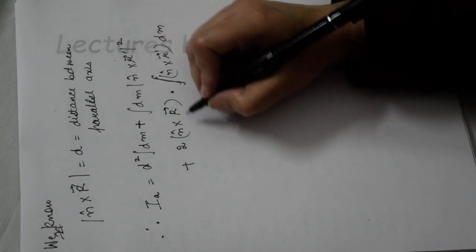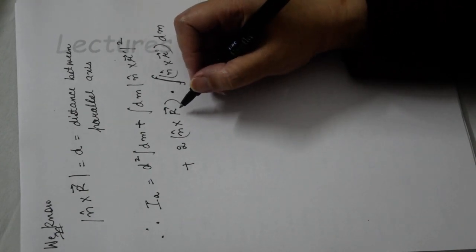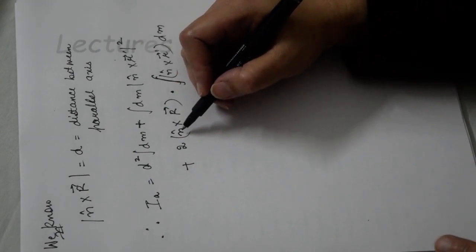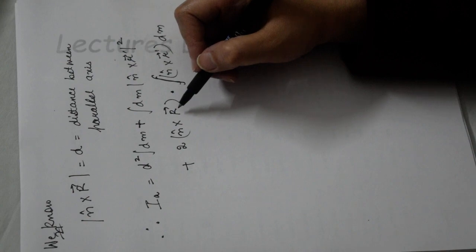Here I have taken n cap cross r out of the bracket because capital R, n cap is also fixed, and capital R, that is the distance of center of mass from the origin, is also fixed.